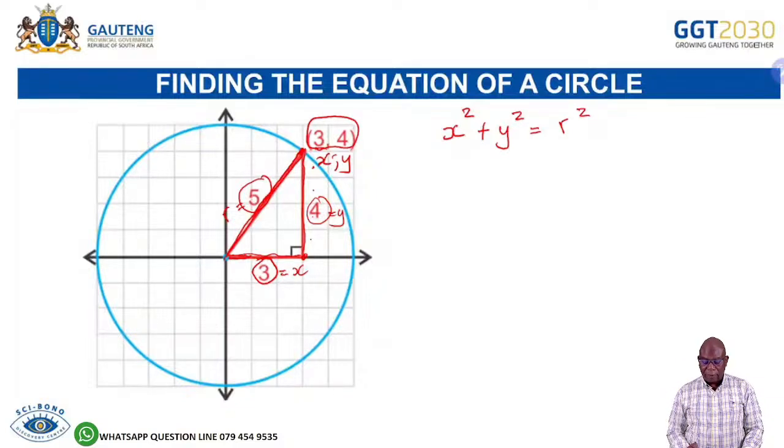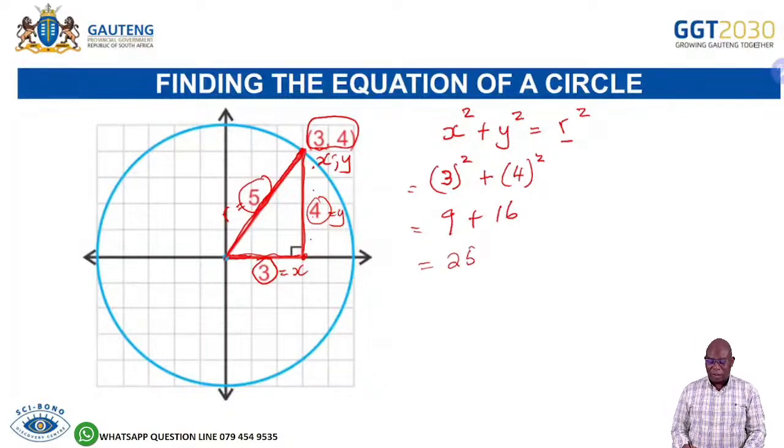So I'll have x squared plus y squared equals r squared. I don't know what r squared is, I just know what r is. So in this case, I need to find the equation of the circle. I'll take x squared plus y squared, and then I get the answer, which is 9 plus 16, and that will be 25.